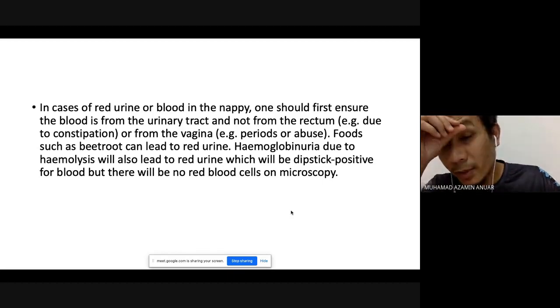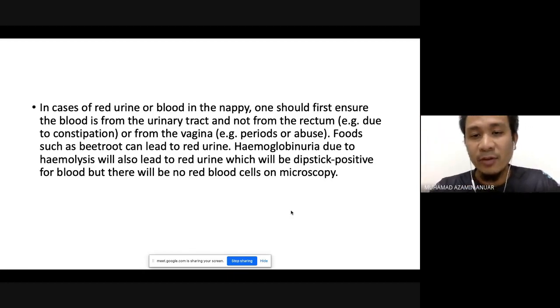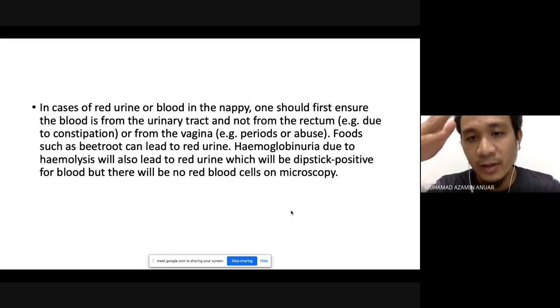Obviously, you need to think about possible abuse as well. So in any case, whether boys or girls, you need to make sure that there is no element of abuse in the case. If you see a lot of bruises around the genitalia or around the anus and rectum, then think about sexual abuse. And remember that we're living in a sick society. Our society is so sick.